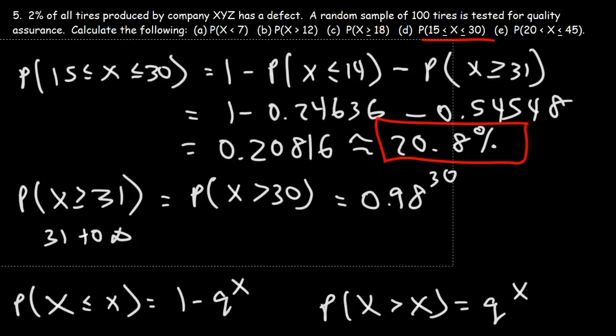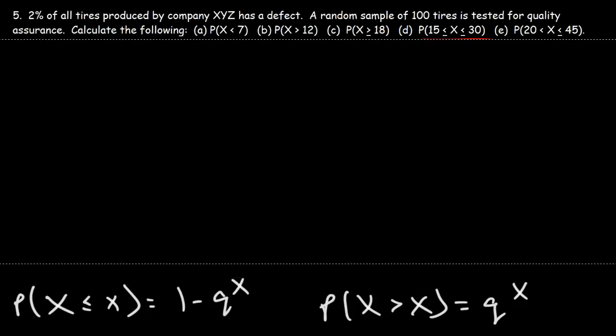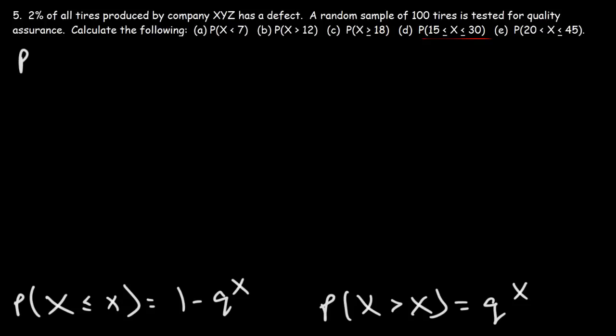Now let's move on to the last part, part E. So let's calculate the probability that a defective tire will be between sample 20 and sample 45, but not including sample 20. So this goes from sample 21 to sample 45.